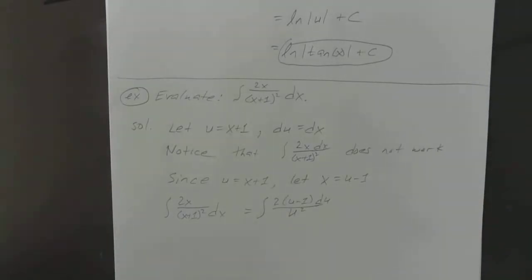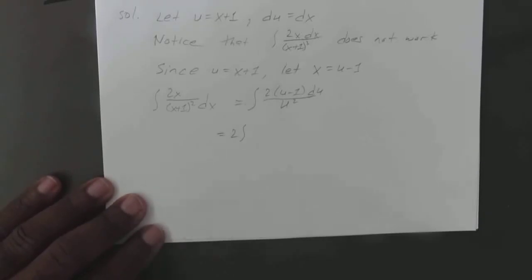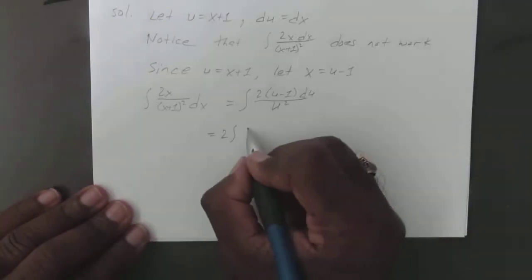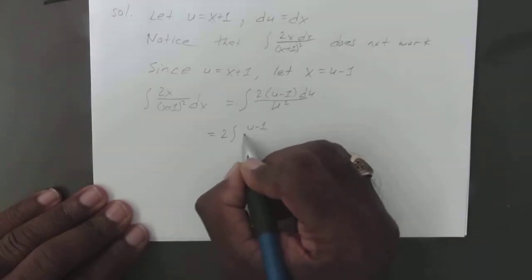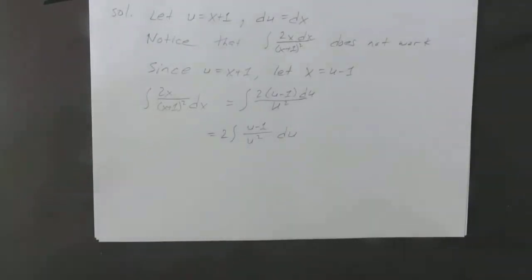And our dx is just du. Okay. So if we wanted, we can bring that 2 right out to the front. So we bring our 2 out to the front, and we're left with u minus 1 over u squared du.